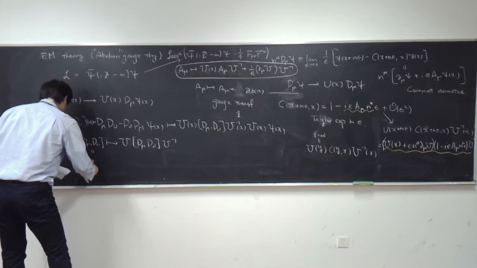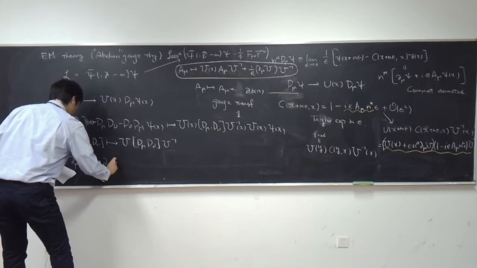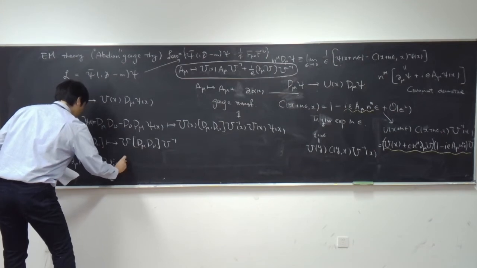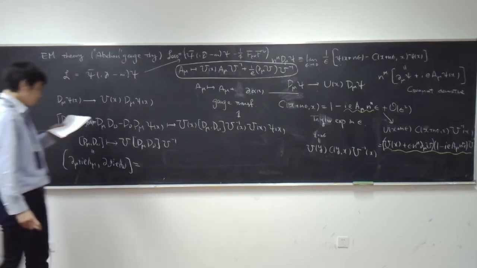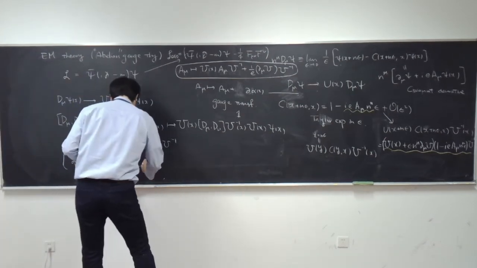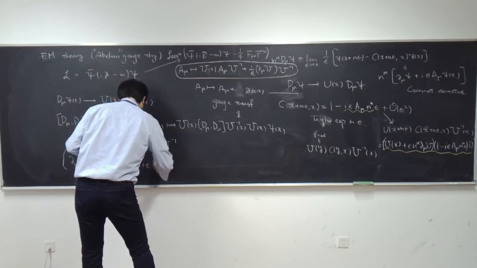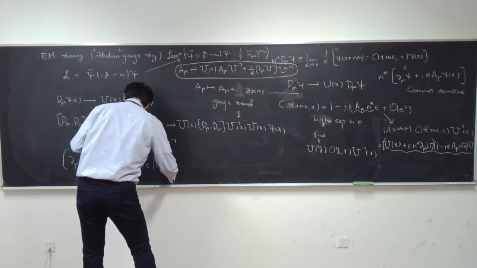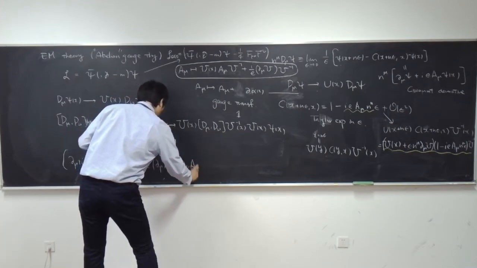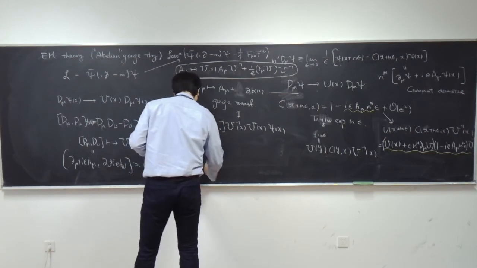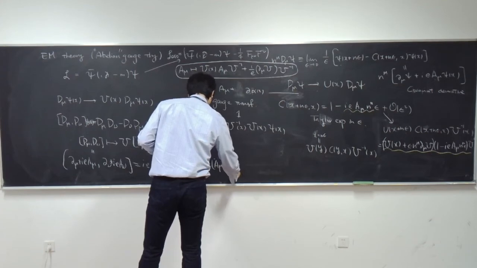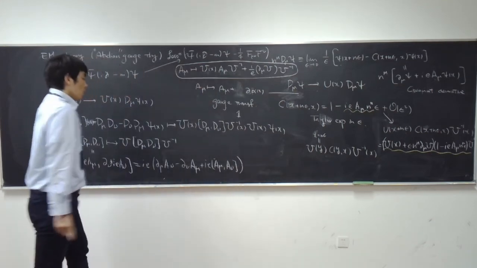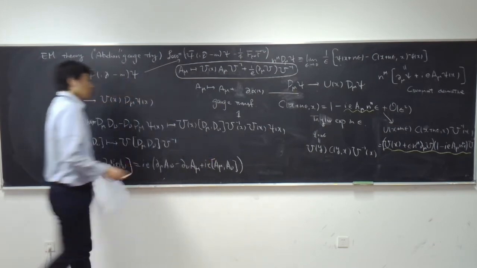Okay. So that's how it is transformed, and it's a direct calculation to compute this one: partial mu plus I e A mu, and partial nu plus I e A nu, okay. And then this is, as you already know, I times e partial mu A nu minus partial nu A mu plus I epsilon A mu A nu.